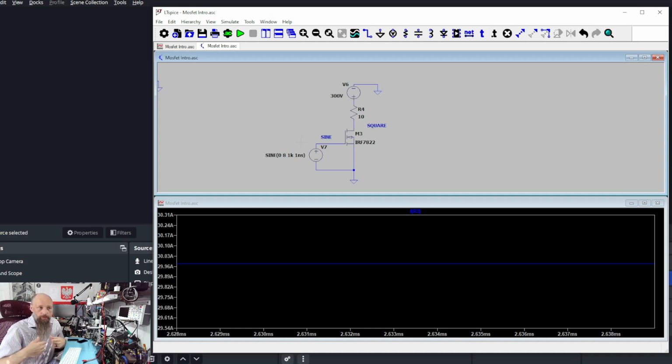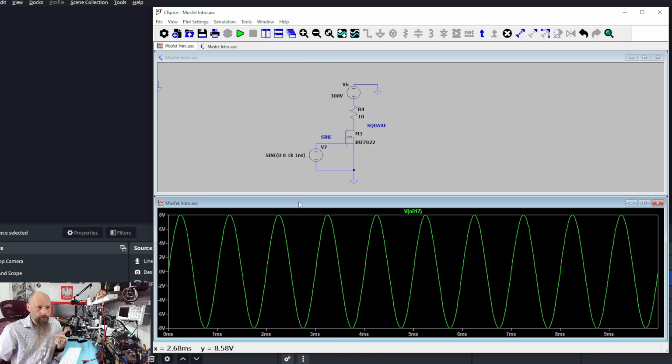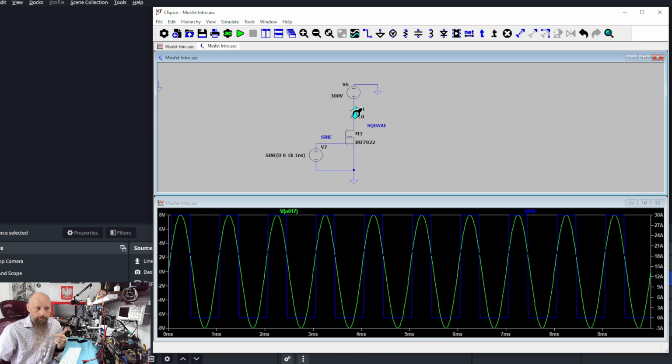So what happens when you deliver a sine signal to the transistor, like so? If we align it with the current flowing through the resistor, we can see that our sine wave magically changes to the square wave. Now, why does that happen?